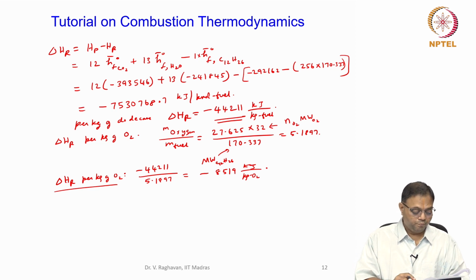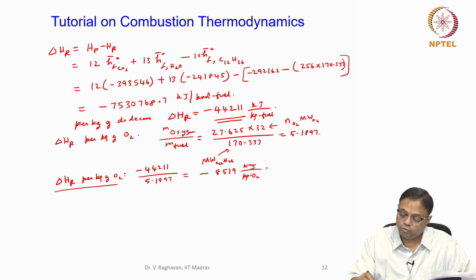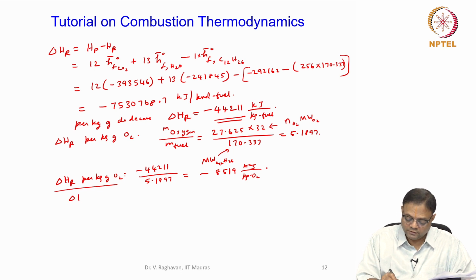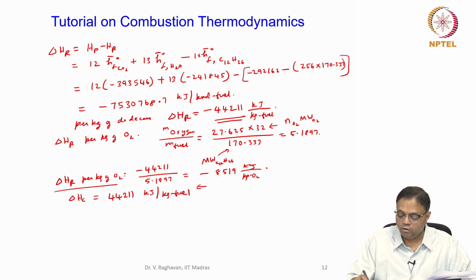Now next, the value we got, 44211, so delta HC will be equal to 44211. This is the negative of delta HR, in kilojoule per kg fuel. This is actually called the lower heating value. Why?